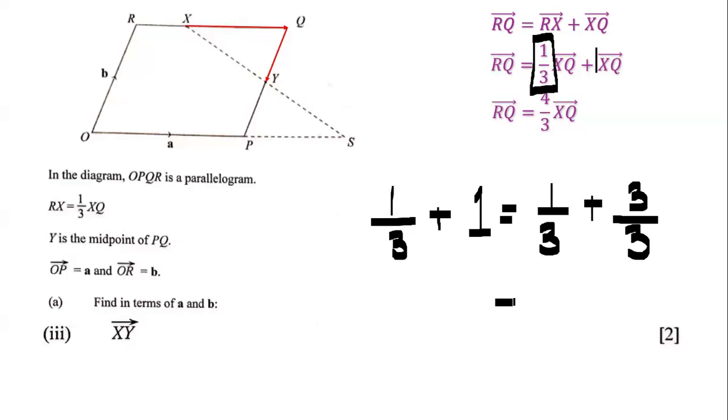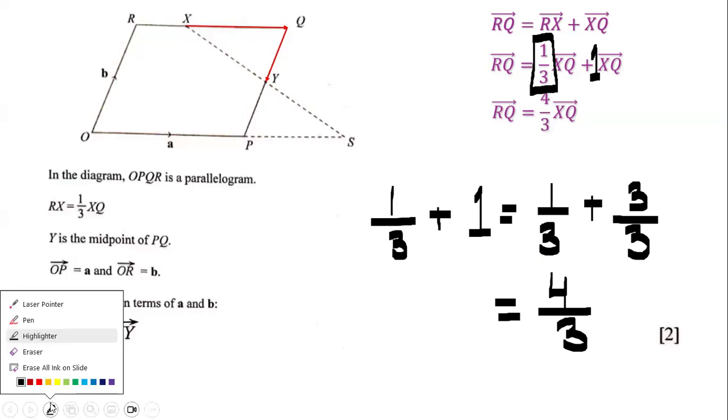But what is 1 over 3 plus 3 over 3? Well, we do 1 plus 3, which is 4, and we keep the denominator the same, so it's 4 over 3. And so a third XQ plus 1 XQ is actually equal to 4 over 3 XQ. And so that's how we got that.